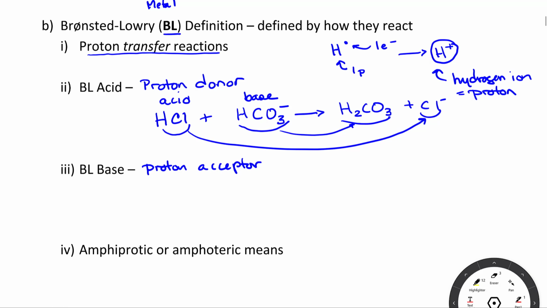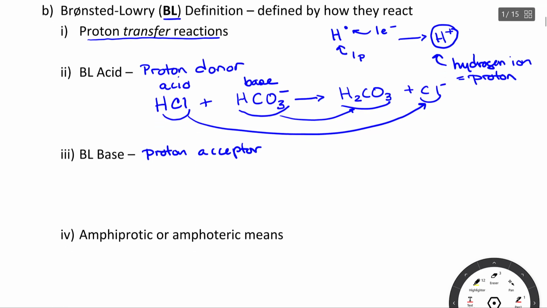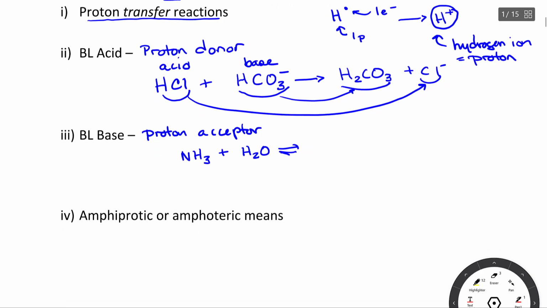So I'll give you another example, because NH3, ammonia, is considered a base. And when I react it with water, this is an equilibrium reaction. Remember, we covered that in chapter 15.